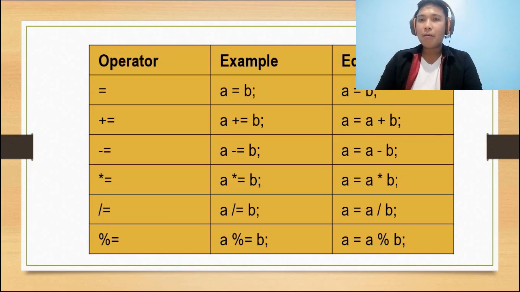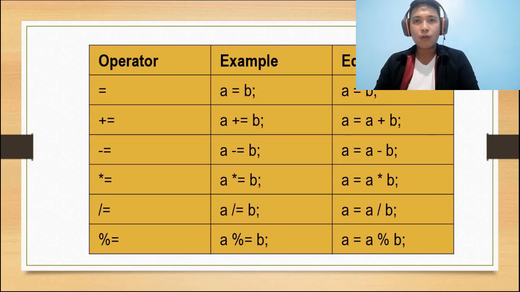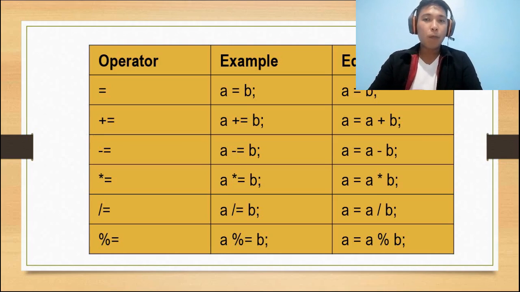So a plus equals b is equivalent to a is equals to a plus b. So remember, guys, the equivalent forms of our operators. What we are trying to do here are simple, shortcut operations on a variable.